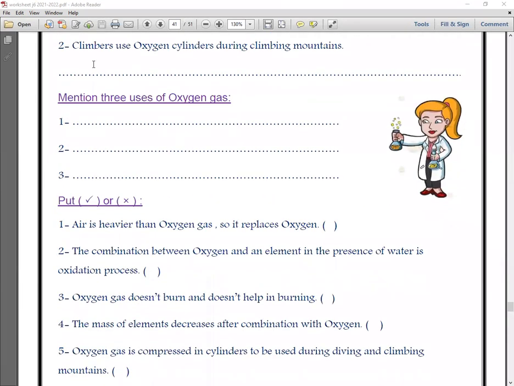Number 2, climbers use the oxygen cylinders during climbing mountains. Why do the climbers use oxygen cylinders?